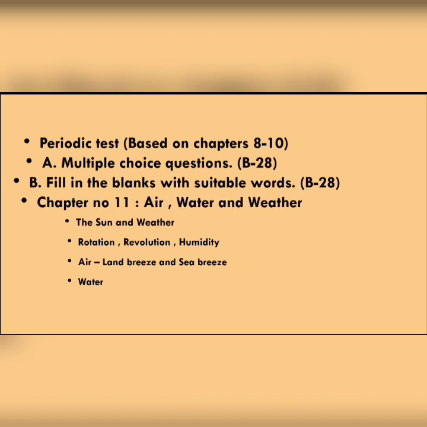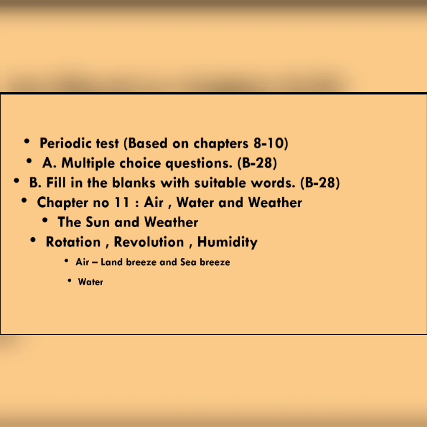There we discussed the topic sun and weather. We also learned about rotation and revolution of earth, and about humidity. In our next class, we will discuss land breeze and sea breeze, and also about water. So that's all for today.